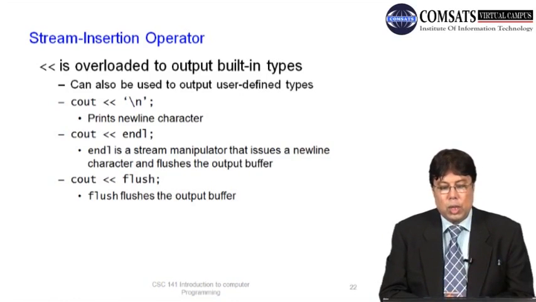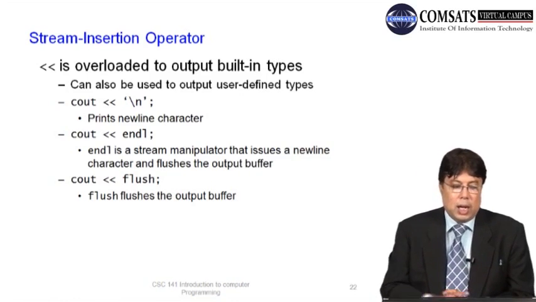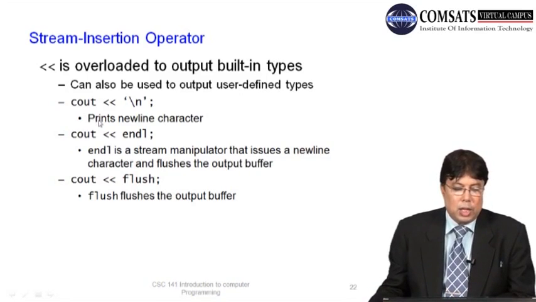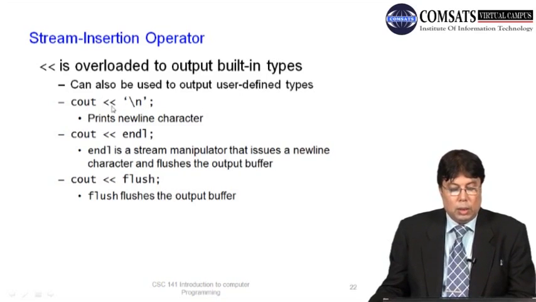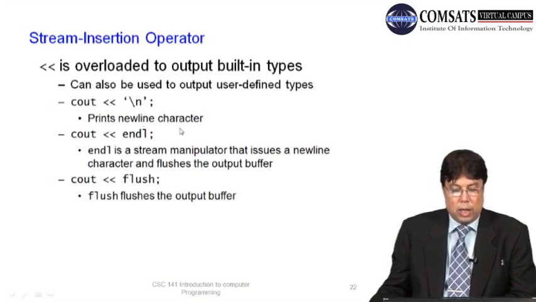It can also be used to output user defined types. For example, we can say cout, and this is \n, which we use with the printf function. So this is called the stream insertion, and later on we will see the stream extraction also. So this will print a new line, this will also print a new line.